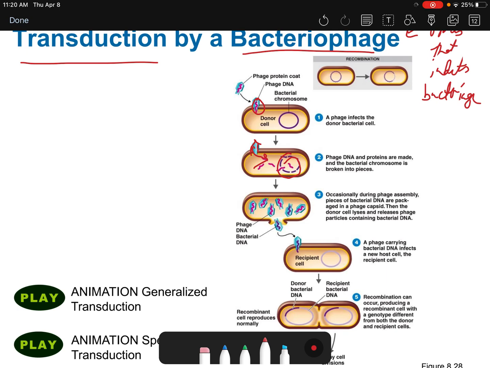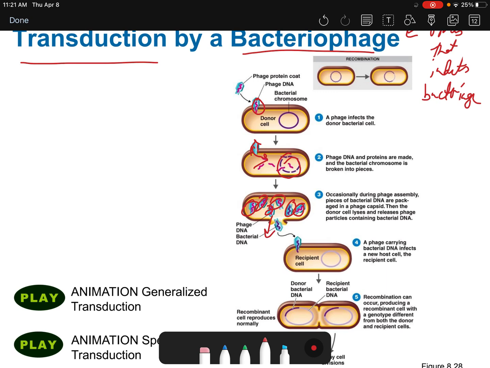The virus actually breaks up some of the bacterial cell DNA and incorporates some of that bacterial cell DNA into its own body, and starts producing, kind of takes over the cell, starts producing more and more viruses.